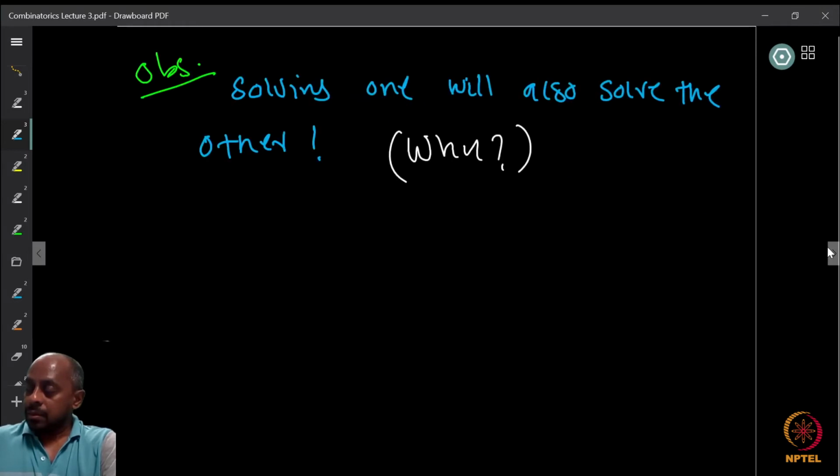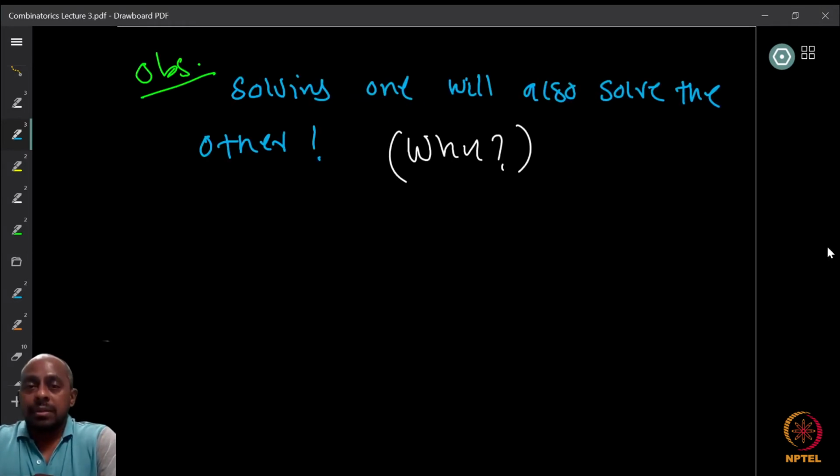This is an easy observation, but I want you to think about this. Think about it, and tell me why solving one is as good as solving the other. Once you get an answer to the first one, you know how to solve the second one, or vice versa.